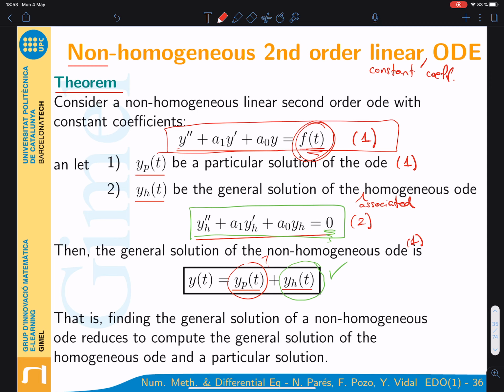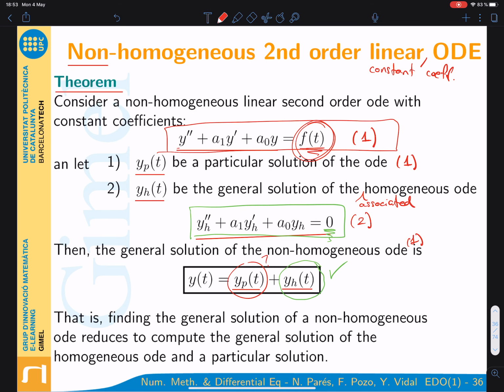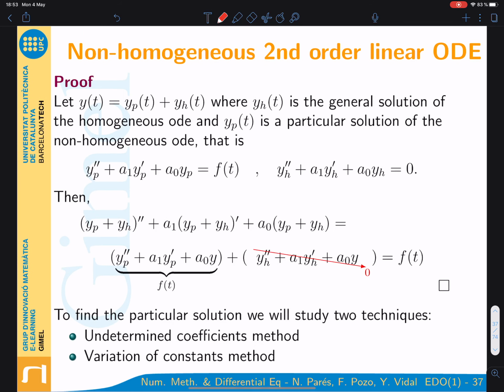Okay, so the proof of this theorem is very simple. Remember, it can be very complicated to solve a differential equation, but it's very easy to check if something is a solution. Just plug it into the ODE and see if it verifies it. That's what we will do here.